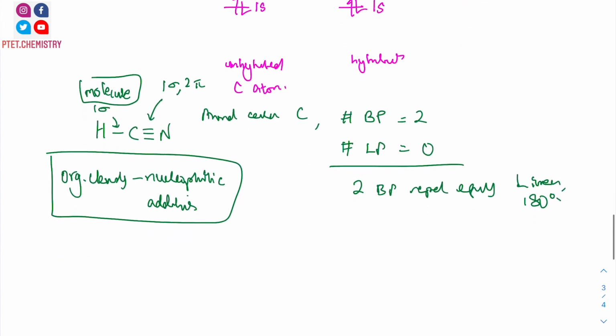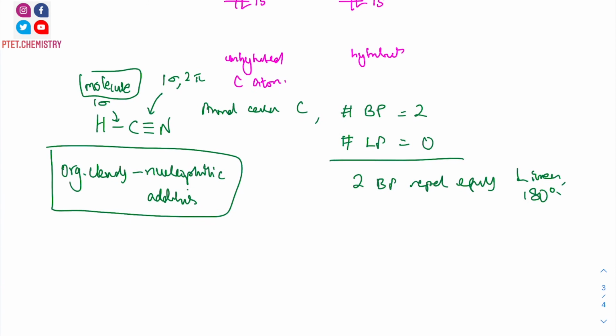Alright, but what is the hybridization there? And also how are the pi bonds being formed? Well, if I draw this, I draw the sigma bond as just a line. That means I also have unhybridized orbitals, okay?